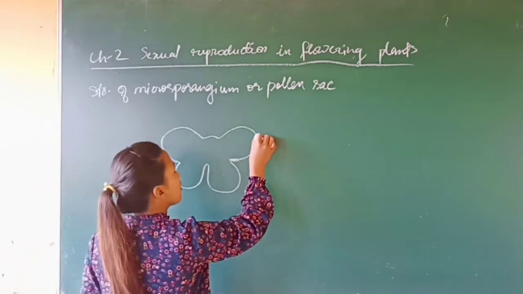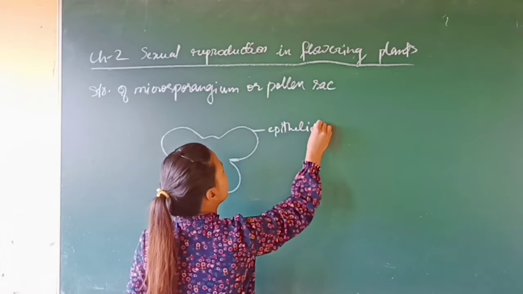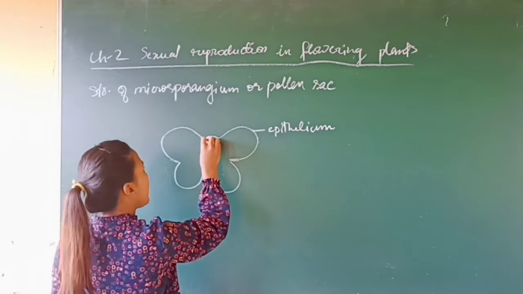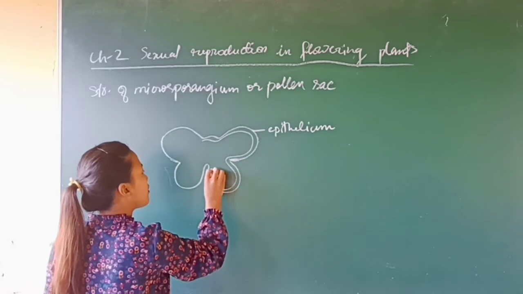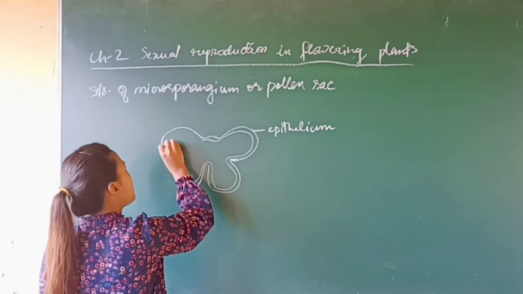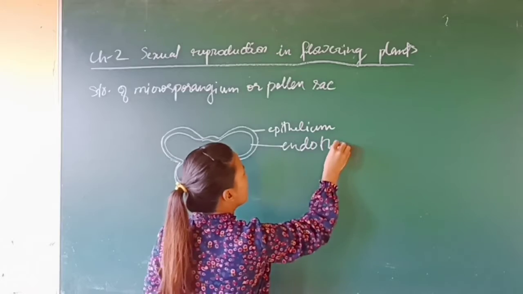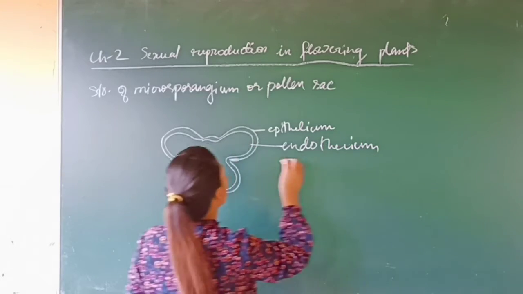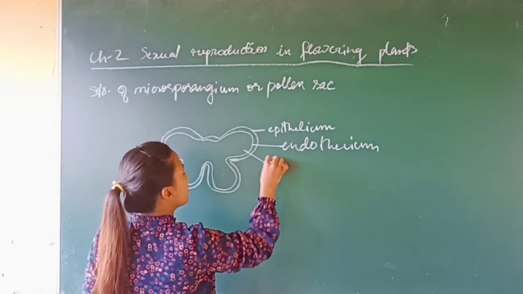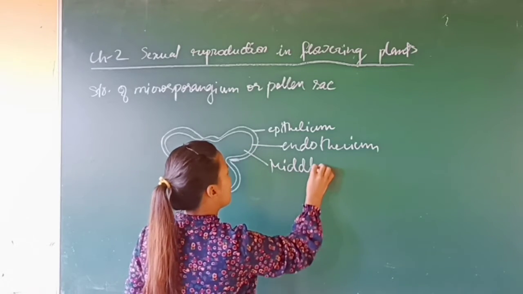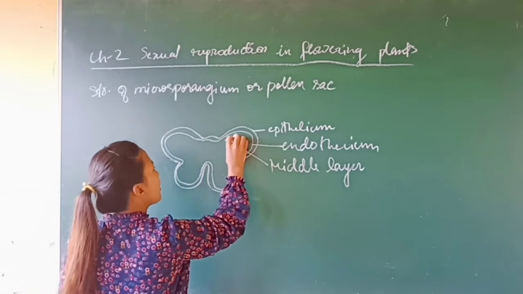The first one is called the epidermis, and the second layer is called the endothecium. Then we have these middle layers here, and the innermost one is the tapetum.